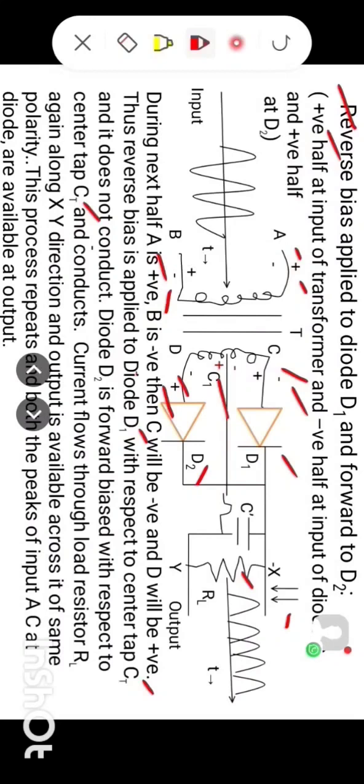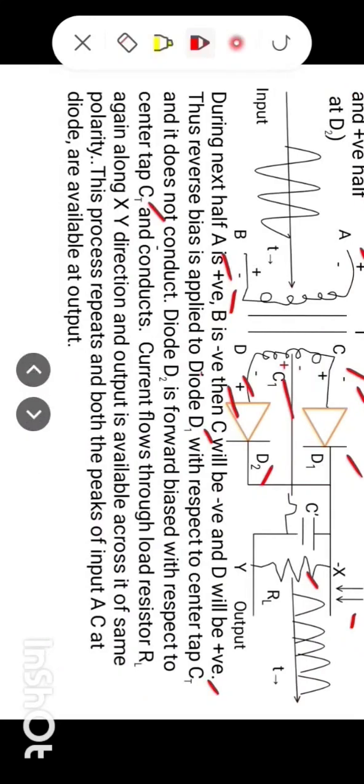of the same polarity. Now this process repeats, and both the peaks of input AC are available at output.